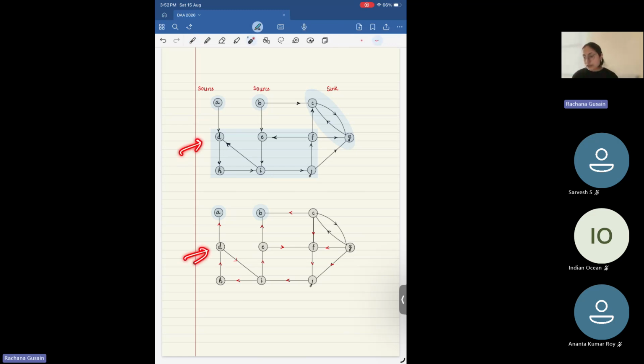I reversed the edges of the given graph. Do you think the strongly connected components will change or they will remain the same? The strongly connected components of the original graph G. Let's say this is my graph G, and this is the reverse of this graph, GR. Is it true that both have the same set of strongly connected components?